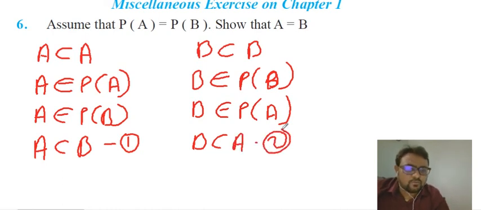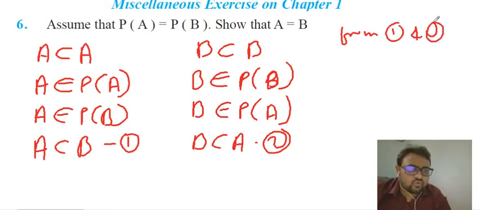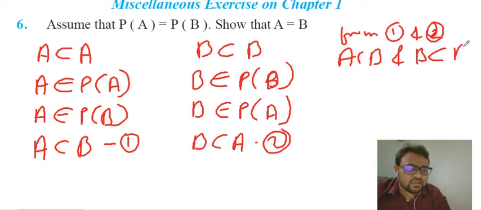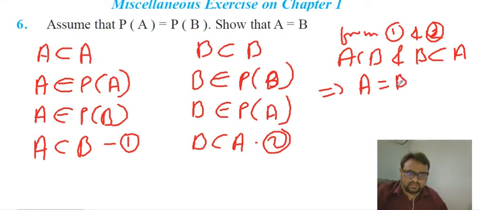From 1 and 2, A is a subset of B and B is a subset of A. So this implies A is equal to B. Clear? So note down question number 6.